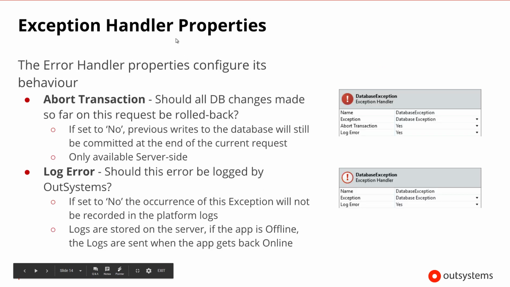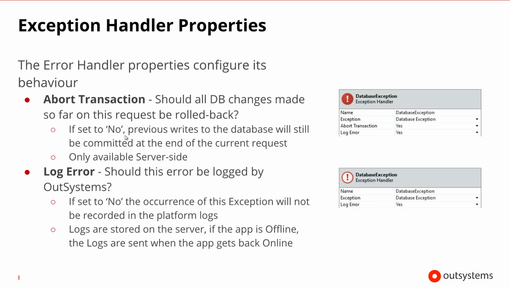Now, inside of the exception handlers themselves, there are properties that can help us configure its overall behavior. Here, when we look at database exceptions, there is an abort transaction property. And this is basically allowing us to say whether or not we should roll back all of the database changes that have been made so far during this action.